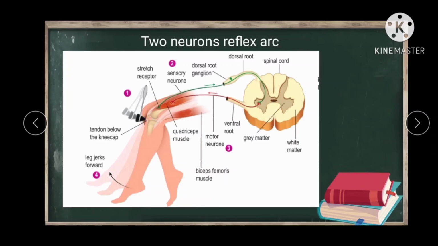The sensory neuron transmits the nerve impulse to the motor neuron in the spinal cord. The motor neuron then transmits the impulse from the spinal cord to the quadriceps muscle. The quadriceps muscle contracts, causing the leg to jerk to the front. And that's how two-neuron reflex arcs happen.